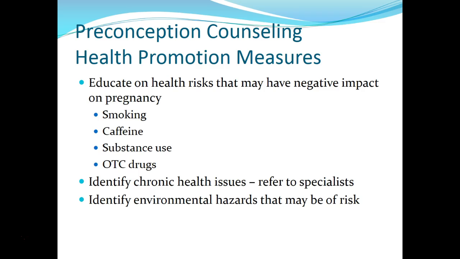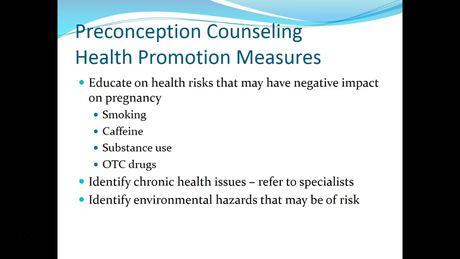So it's important for people to know these things prior to getting pregnant or while they're trying to get pregnant so that they don't experience any adverse outcomes. We need to identify chronic health issues for mothers, and we need to refer them to specialists. So, people who have endocrinology issues, they have issues with their thyroid.